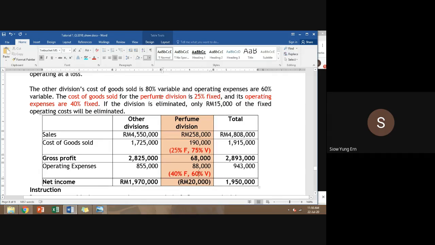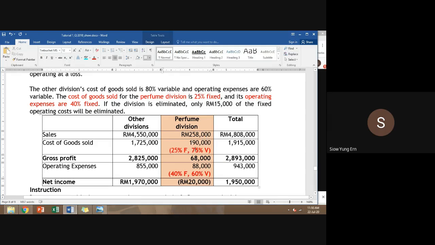From this question, you will be able to determine how much is fixed. Given in the question is the fixed portion, and then you just take 100% minus the fixed portion, you get the variable portion.